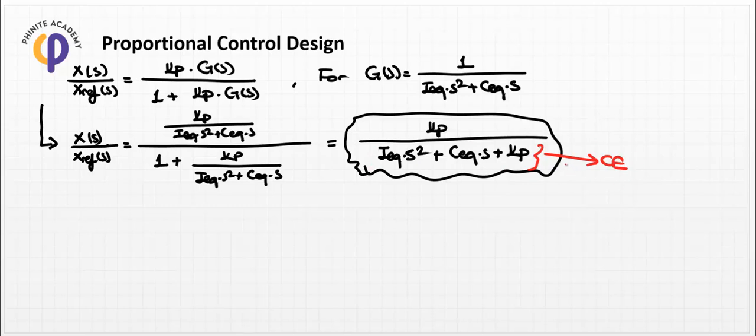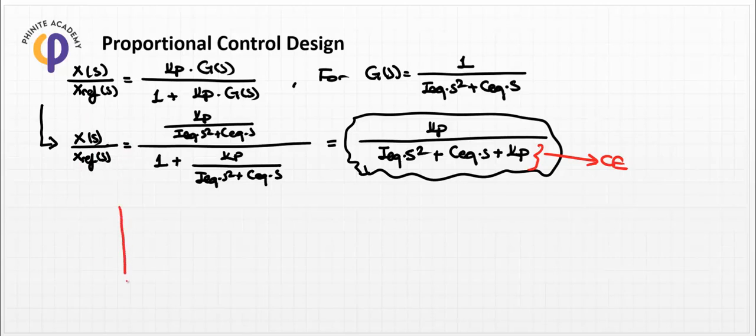We need to check the root values of this, because with these roots on the left-hand side we can build the proportional control design for a given system.